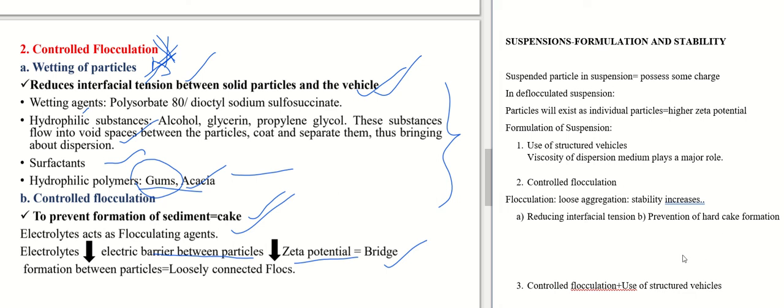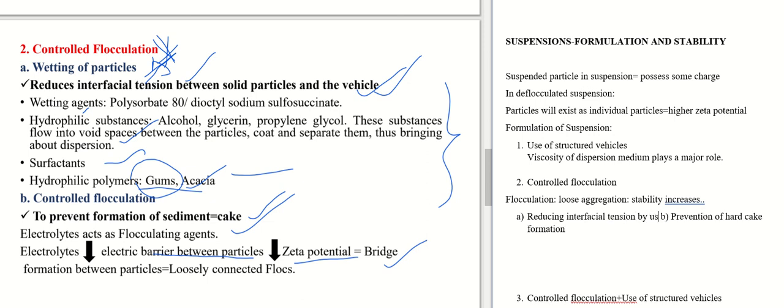So the second method, controlled flocculation, has two stages. One is reducing interfacial tension by use of wetting agents, and the second is the prevention of hard cake formation by addition of electrolytes.